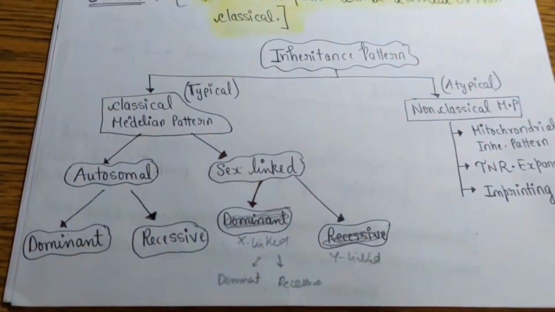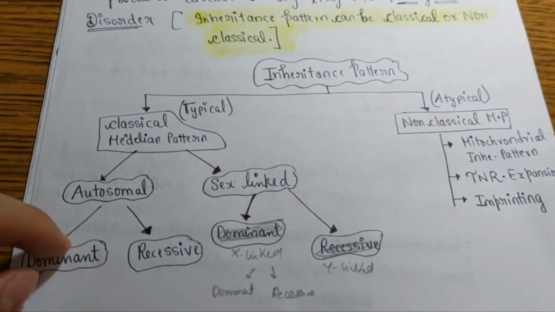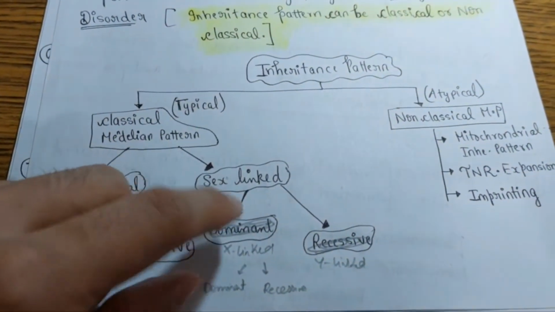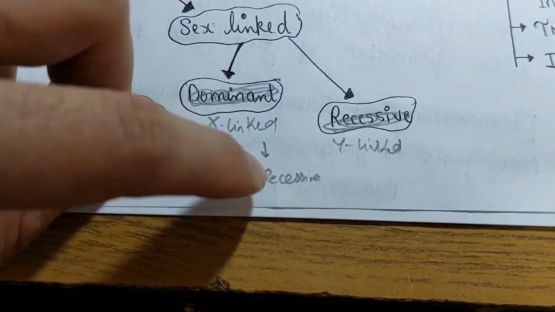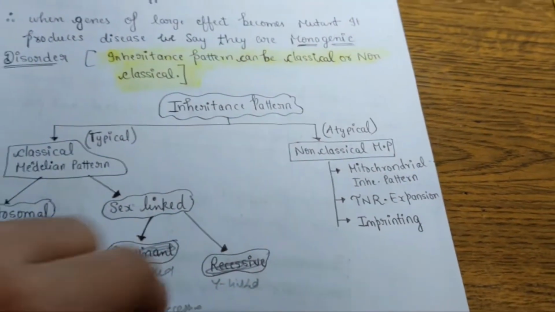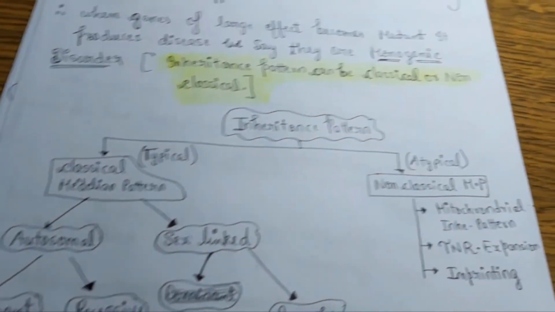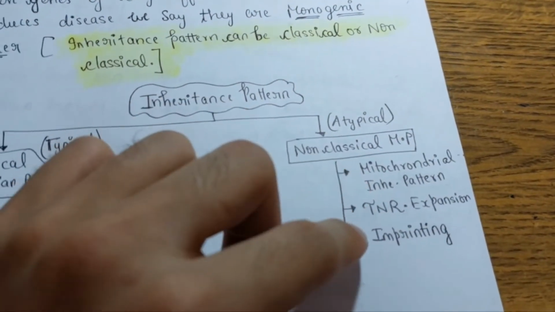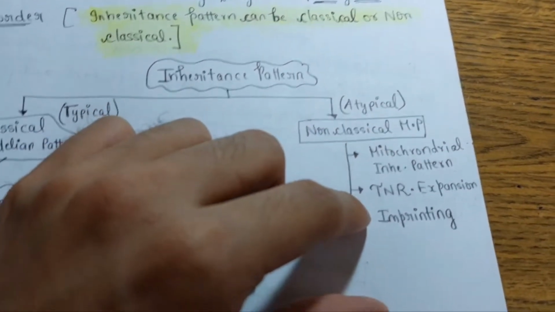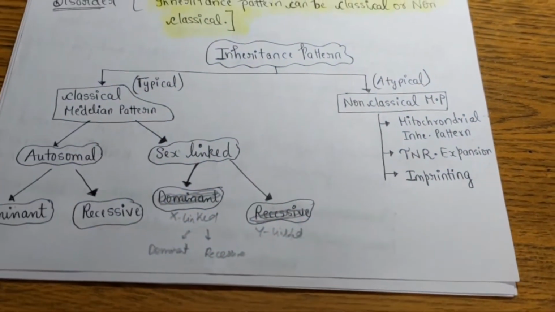The classical Mendelian pattern is divided into autosomal and sex-linked. Autosomal can be dominant and recessive. Sex-linked can be X-linked and Y-linked, and X-linked is further divided into dominant and recessive. Examples of the non-classical Mendelian pattern of inheritance, or atypical inheritance pattern, are mitochondrial inheritance, trinucleotide repeat expansion or trinucleotide repeat mutation, and imprinting.